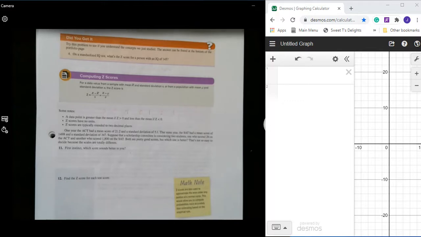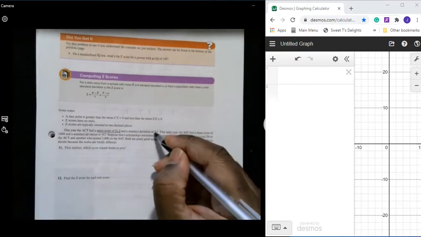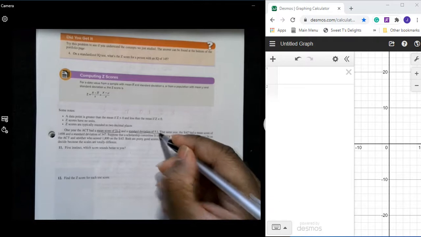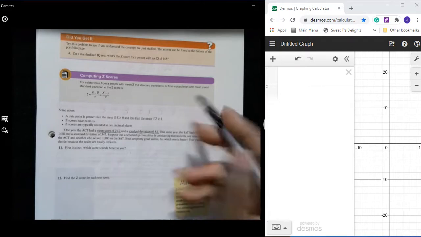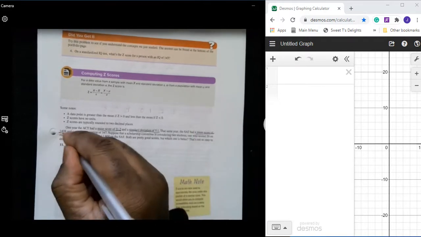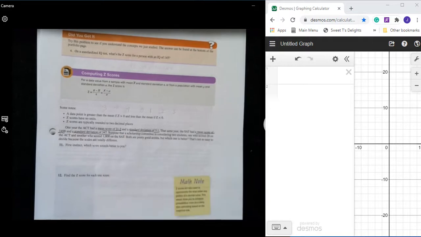All right, so we come here. It says 1 year the ACT had a mean score of 21.2 and a standard deviation of 5.1. So we know the mean of the ACT is this, and the standard deviation is 5.1. That same year the SAT had a mean score of 1498 and a standard deviation of 347.